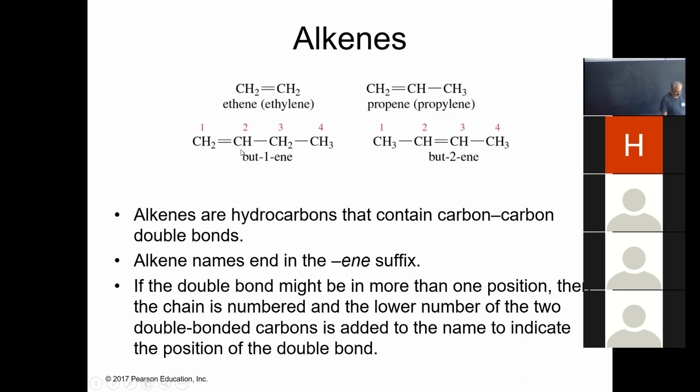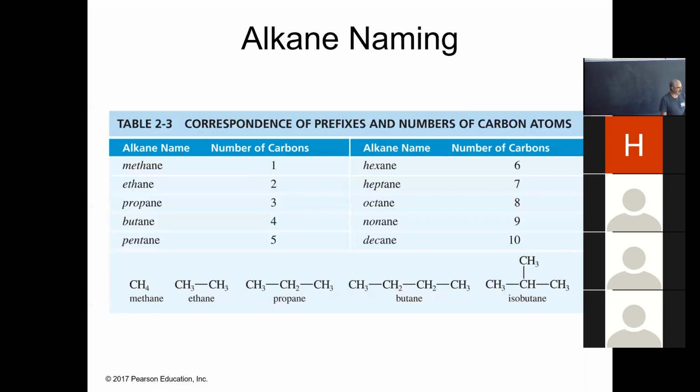Okay, so here we have a couple of alkenes, but-1-ene and but-2-ene. Okay, the number indicates the position of the double bond. But-1-ene, butane, if you go back to names of the alkanes, that's 4 carbons.